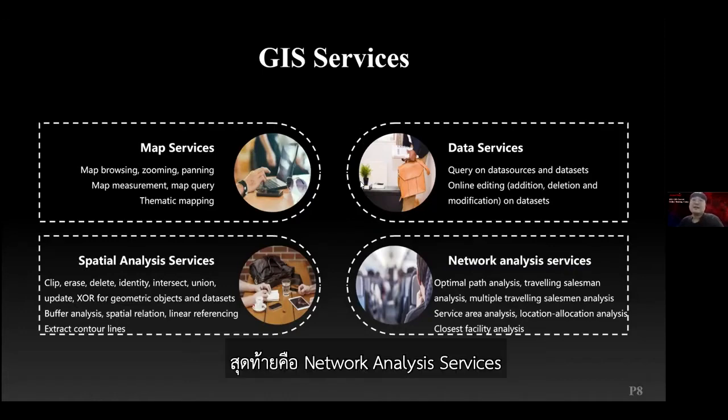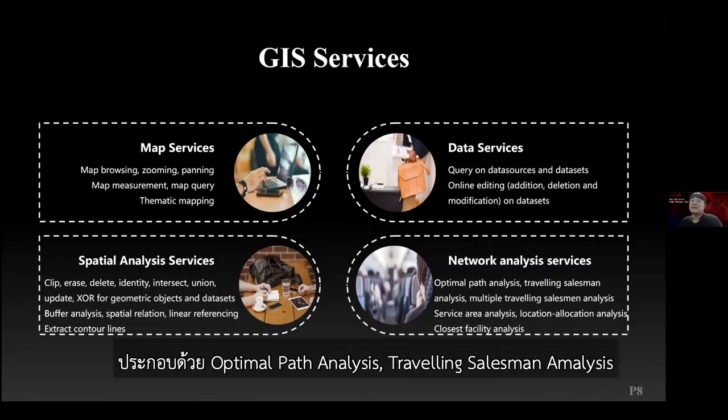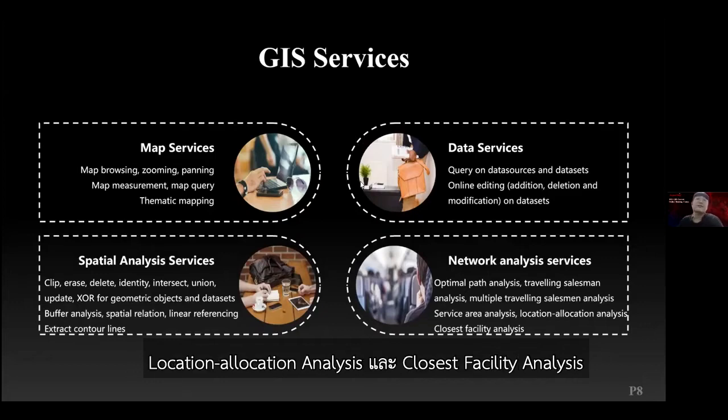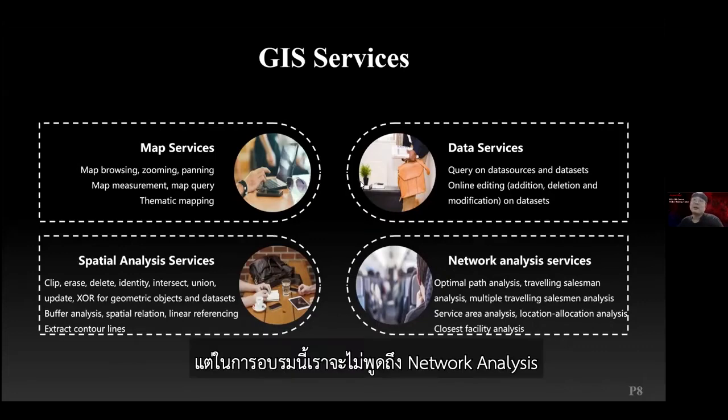And the last one is the network analysis service, such as the optimal path analysis, traveling salesman analysis, multiple traveling salesman analysis, service area analysis, location allocation analysis, and closest facility analysis. But in this training, we won't discuss the network analysis because we don't have enough time.